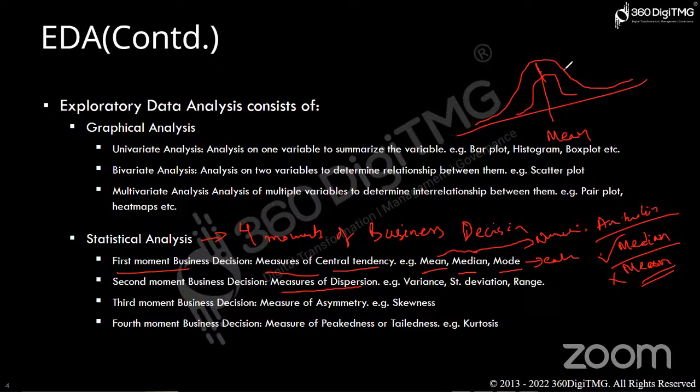So we will not be able to differentiate between these two graphs, or these two data distributions, just using the first measure. So here we'll be measuring this width, or how much the data is dispersed, or how much it varies from the mean value. This we are not able to capture in the first moment. We are capturing this in the second moment.